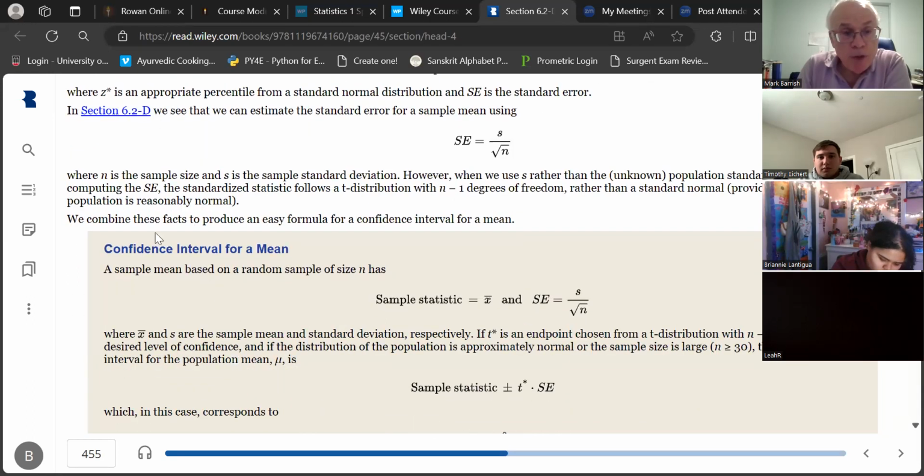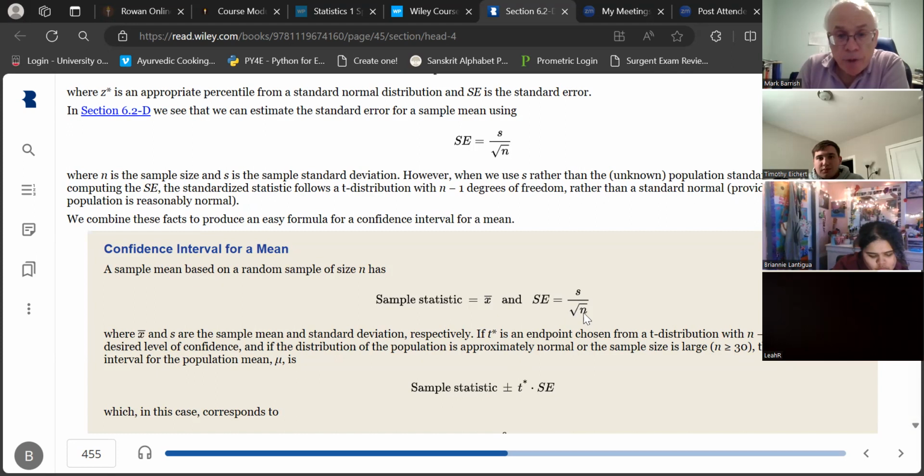And so when you are given a word problem and being asked to estimate a population mean, which you're going to be doing a confidence interval, there's two things that you need to know. You need to know the sample mean, x bar, and you need to know the estimated standard error, which is s divided by the square root of n.